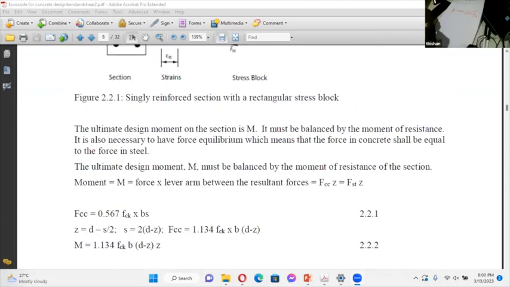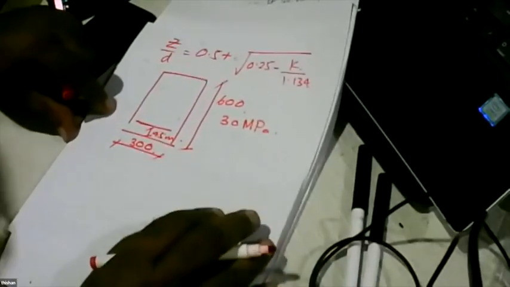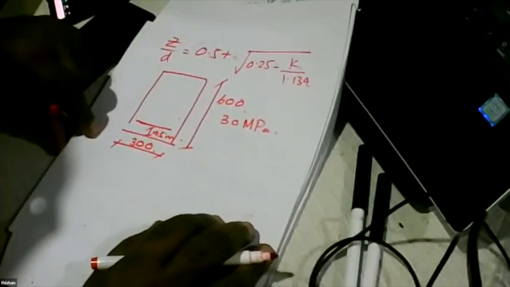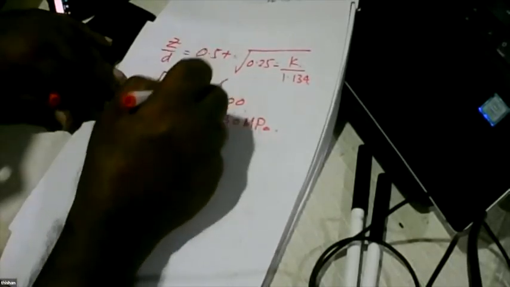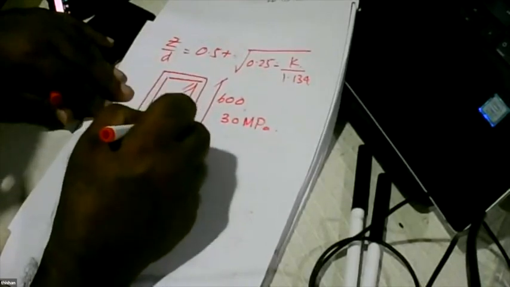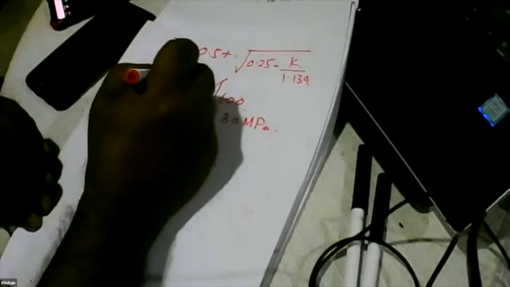We'll go for the example that we earlier looked at: a 600 millimeter deep beam, 300 millimeters wide, 30 megapascal concrete, and let's say 45 millimeters of cover. We are going to get some reinforcement and some nominal bars there.